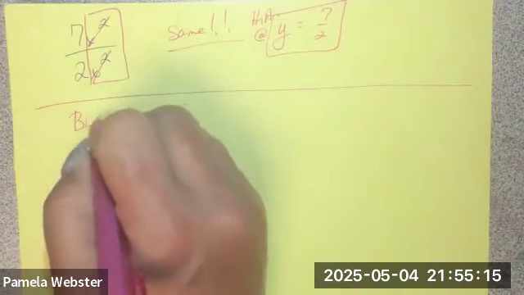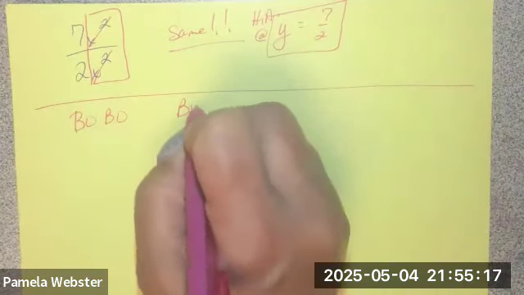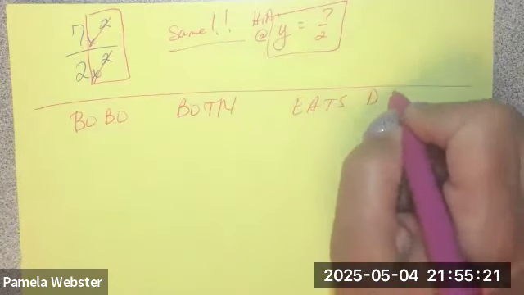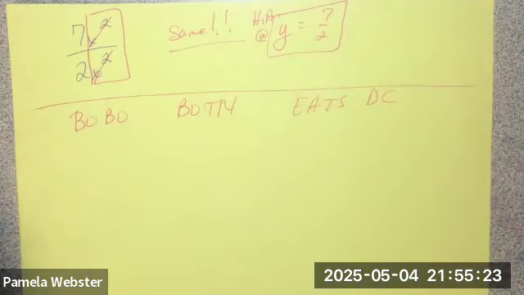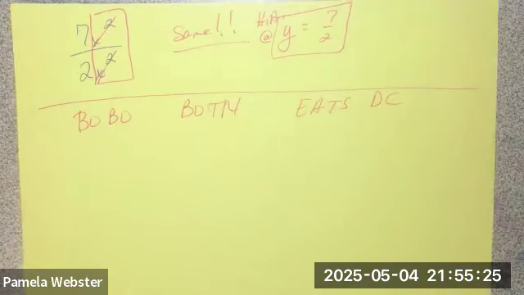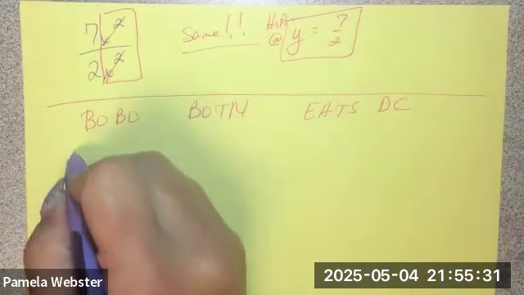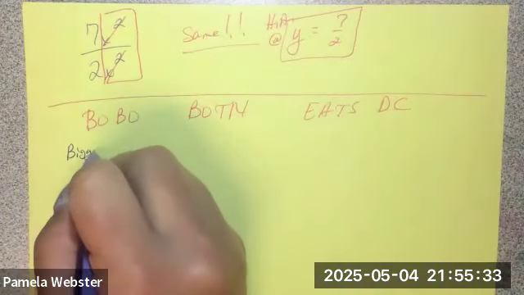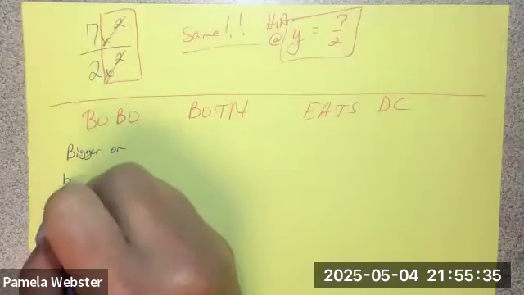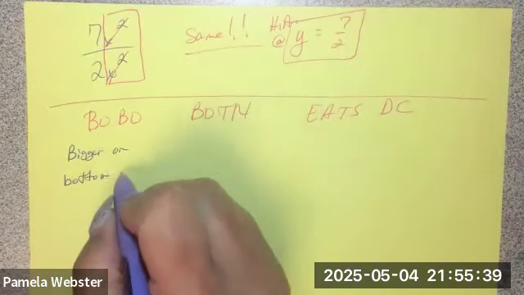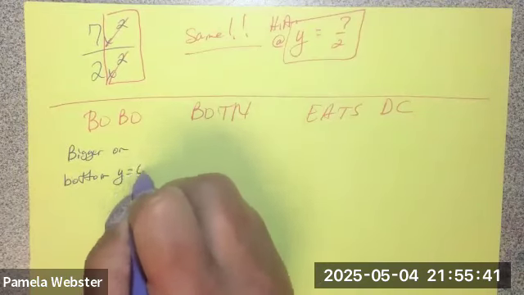If you were looking stuff up online, you might have seen BOBO BOTTEN EATS DC, which is a crazy made up mnemonic so that people can maybe remember a little bit about these. So let's remind us what that means. If it's bigger on the bottom, meaning the exponent on the bottom on the variable is bigger, then you get y equals 0.